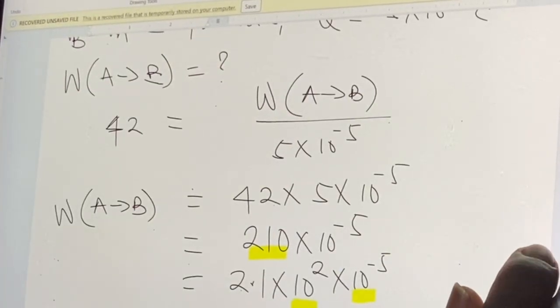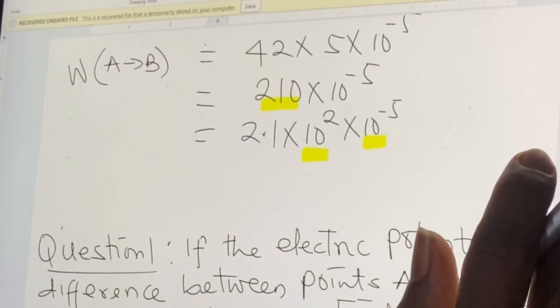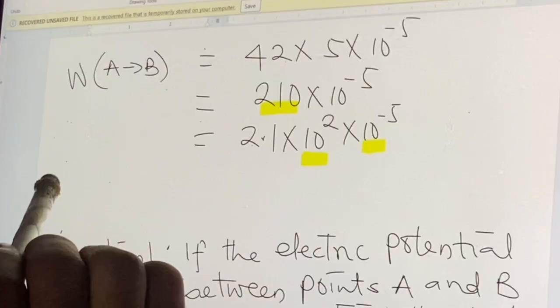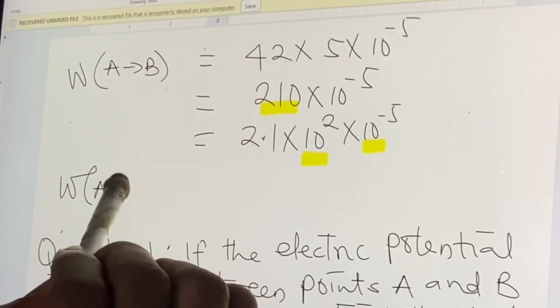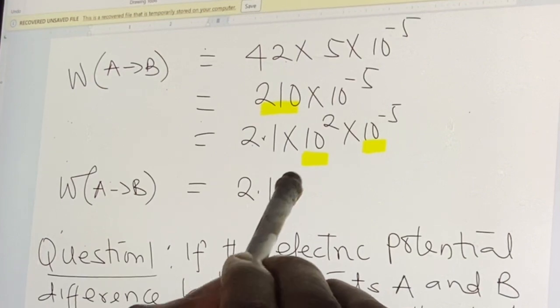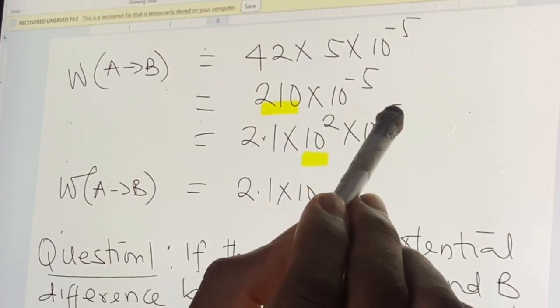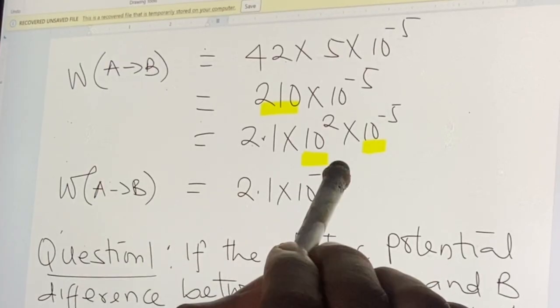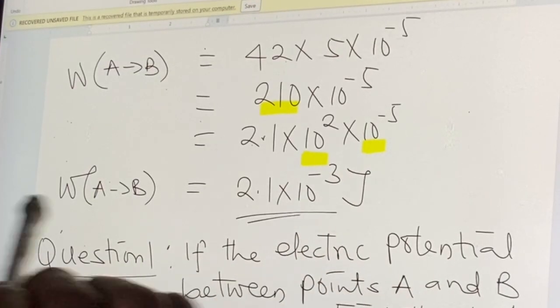You take only one of the 10 here and add up their powers. So when you do so, work done will be equal to 2.1 times 10 to the power of 2 minus 5, which gives us minus 3. And the unit for work done is joules. Please take note. This is our answer here.